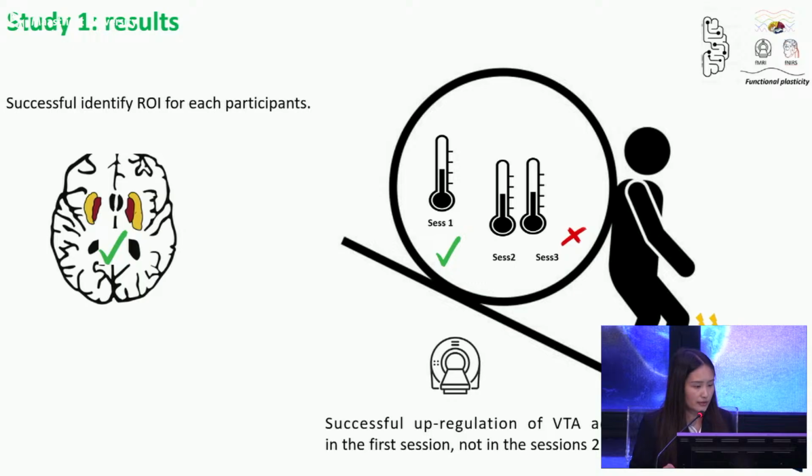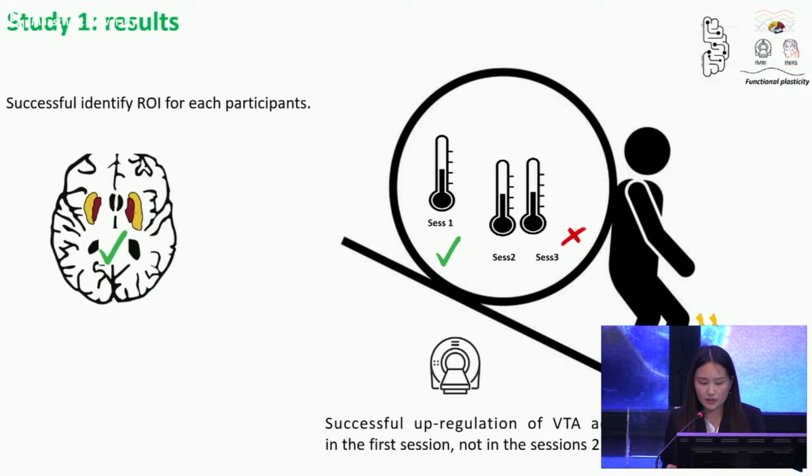Our results show that in healthy participants, we can use the monetary incentive delay task to successfully identify the region of interest for each participant. For the neurofeedback results, we can see that healthy participants can successfully learn to upregulate their VTA activity in the first training session. But this training effect is not maintained in the next two sessions.